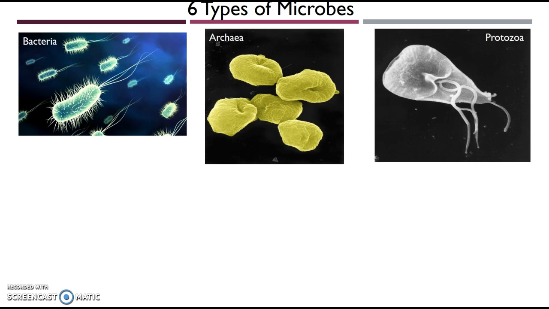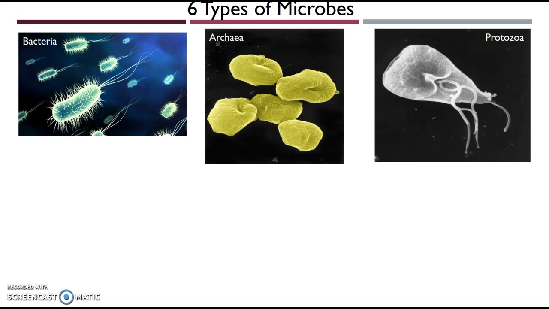The protozoa, this is a very diverse group of organisms that don't really fit into the other groups of microorganisms, so they all kind of get grouped together in the protozoa. And these include algae as well.